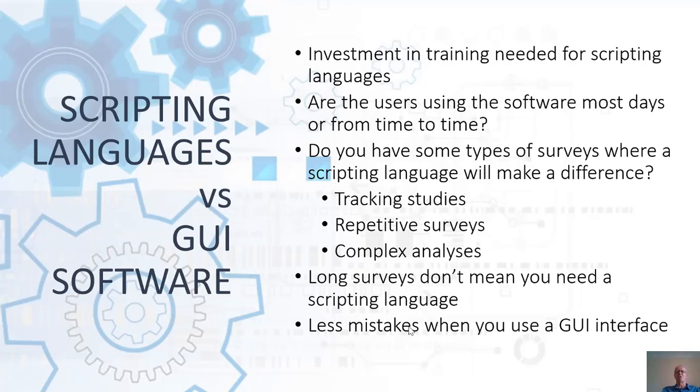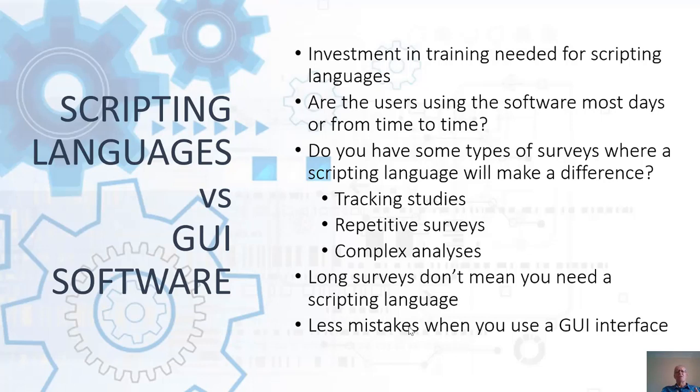But if they're new to scripting languages, going to a scripting language having had no experience can be quite a big jump. And really the question you should ask yourself is, are the users going to use the software every day or most days or just occasionally? Because if they're only going to use it, say, for 3 days every 2 months, a scripting language isn't typically the right tool unless they're doing something very specialist.